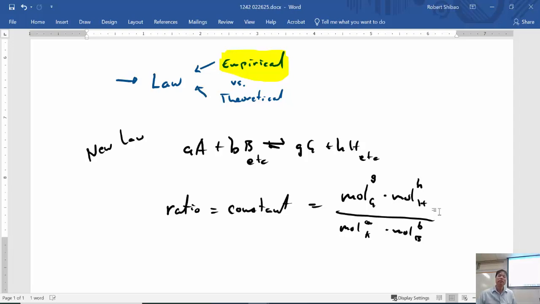And this is the final number of moles. So I'm going to say moles of G at the end of the reaction, moles of H at the end of the reaction. At the beginning it doesn't have to fit this ratio, but at the end it better fit this ratio. That's why I'm going to say E there for the end.